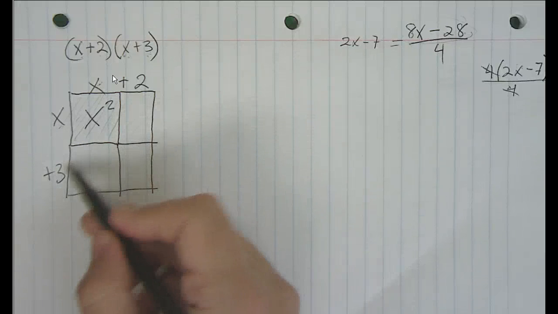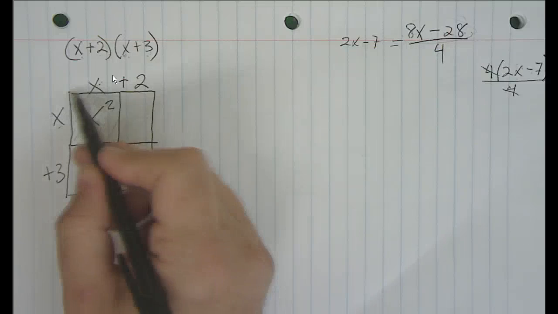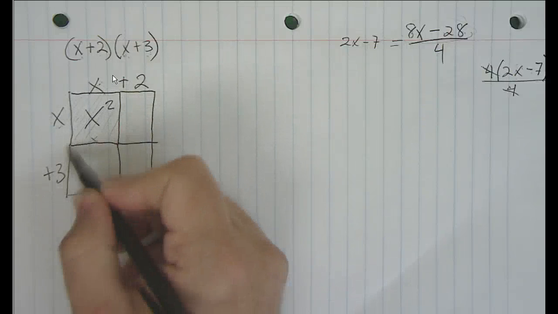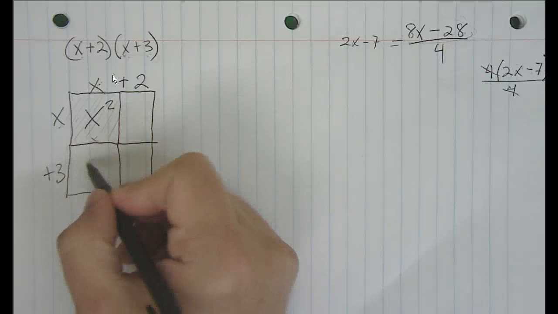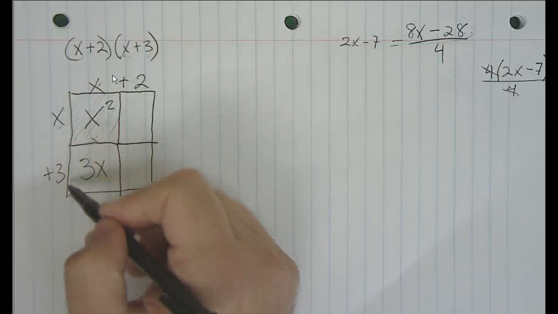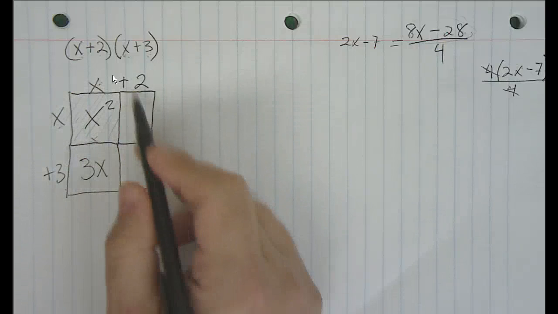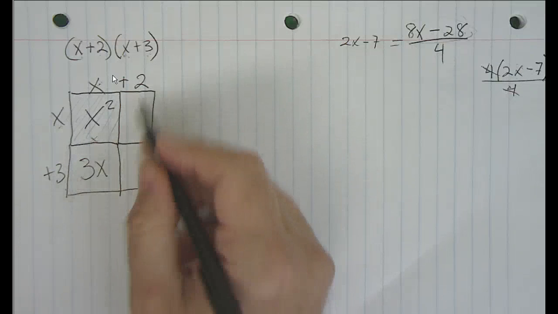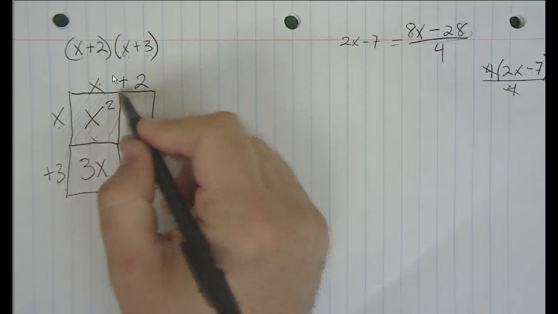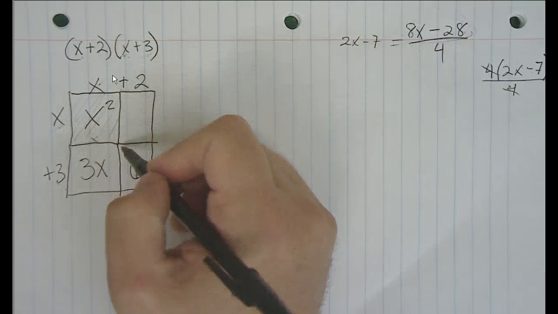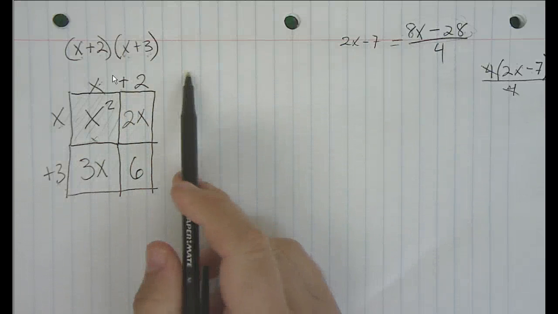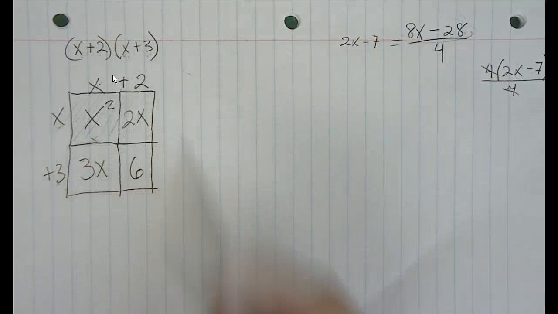So this rectangle has a width of x still, and a length here of 3, so we would call this 3x. We multiply this width x times this length 3. This one has a width of 2 and a length of 3, so 2 times 3, this would be 6. And then this one over here has a width of 2 and a length of x, so it would be 2x. So now what we've done is foiling just in a different form.